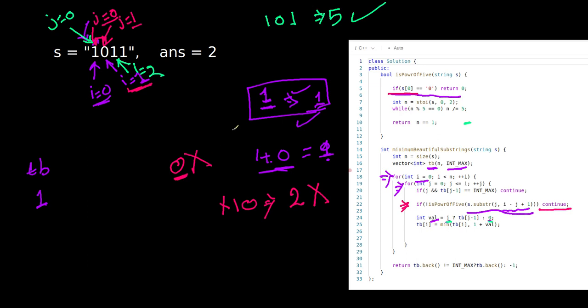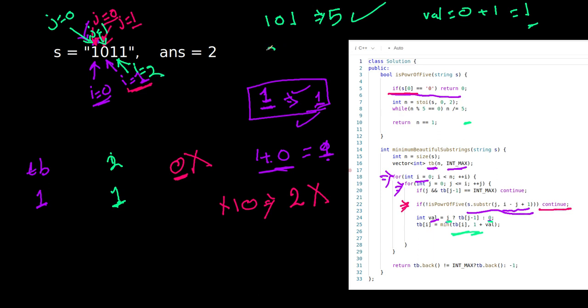In this case the value equals 0, so 0 plus 1 equals 1, and we update the value in the table at index 2 to 1, because 1 and int max, 1 is minimum. Then we need to check the other substrings. Let's take j equal 1.